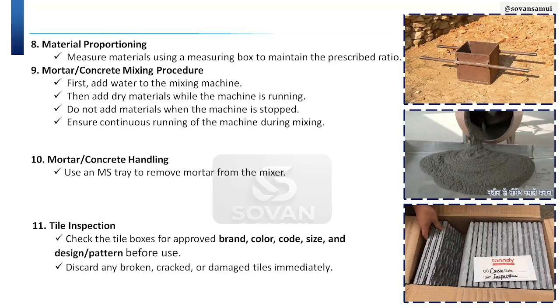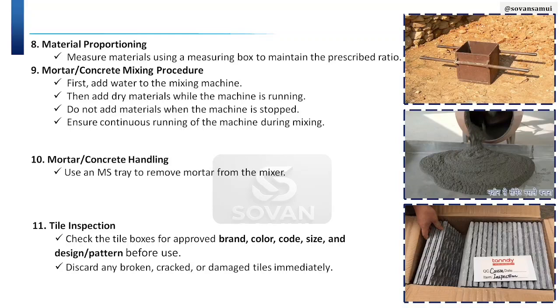Next point is mortar or concrete mixing procedure. In the mortar and concrete mixing procedure, first of all, we wash the mixture machine with water. Then we take some water into the mixture machine according to proportion.